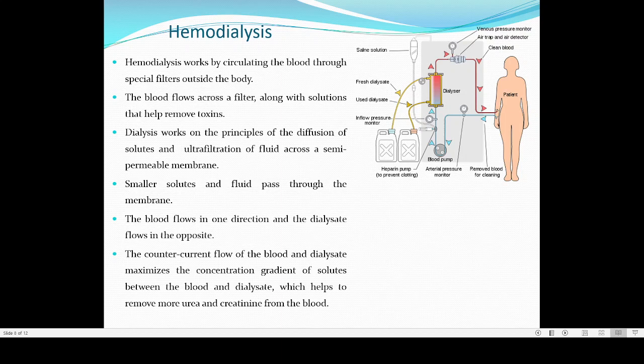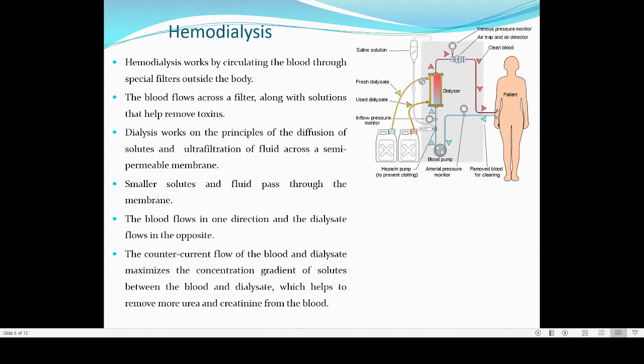When blood passes through this semi-permeable tube, osmosis takes place, and toxic materials get dissolved in the dialysing fluid.